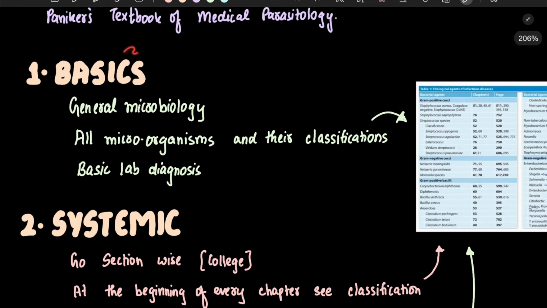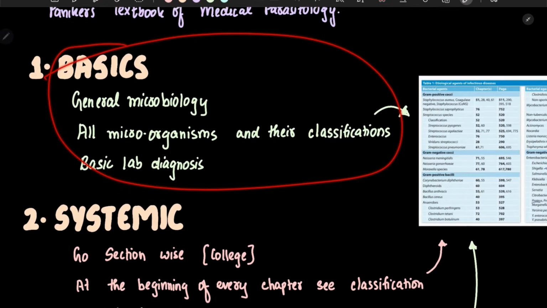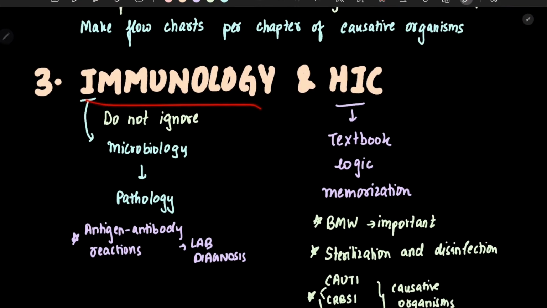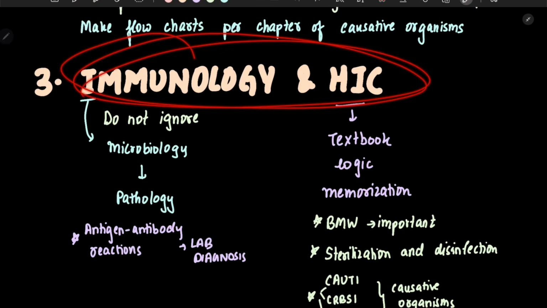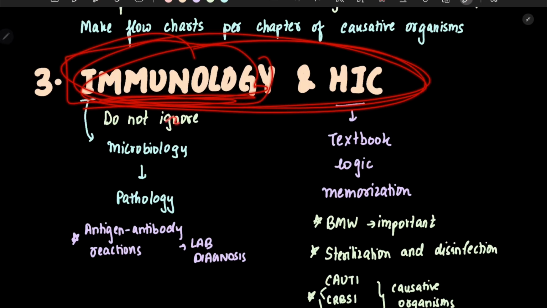Okay, next, once you are done with your basics, we start with the immunology and hospital infection control. Do not ignore this section. Immunology is there in both microbiology and pathology.